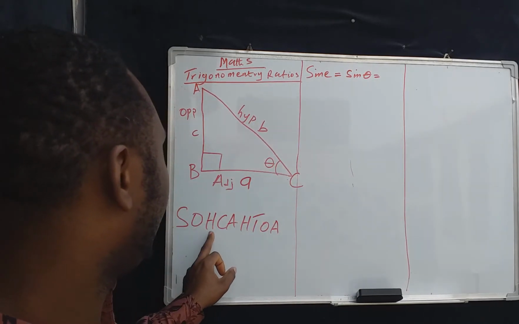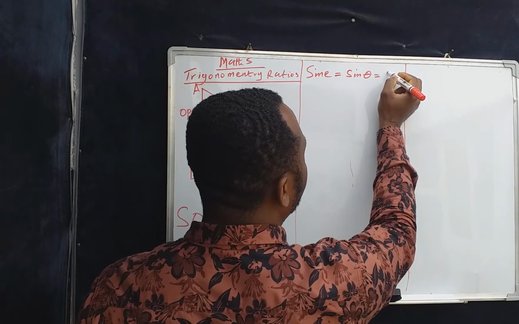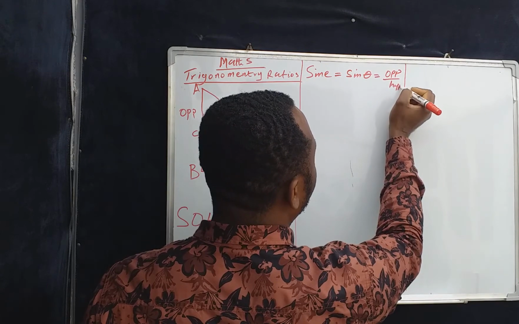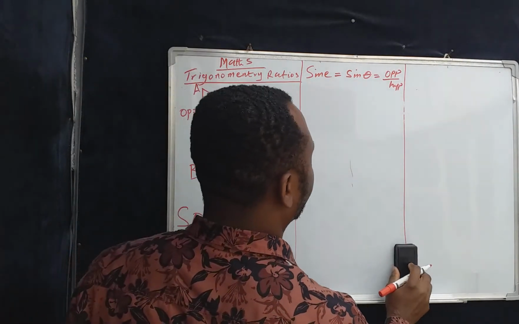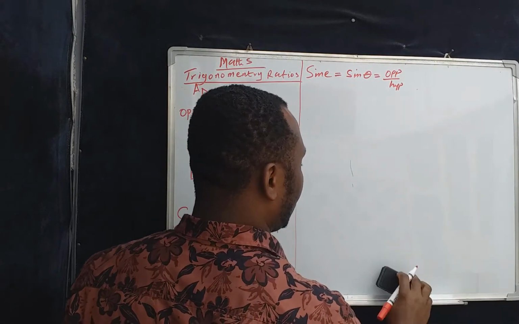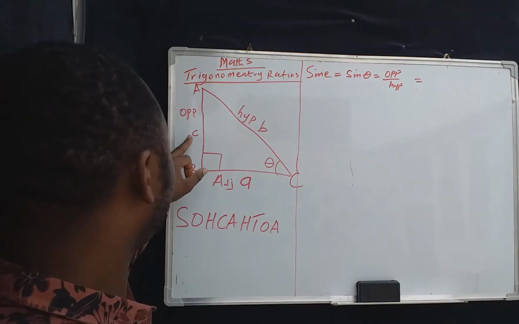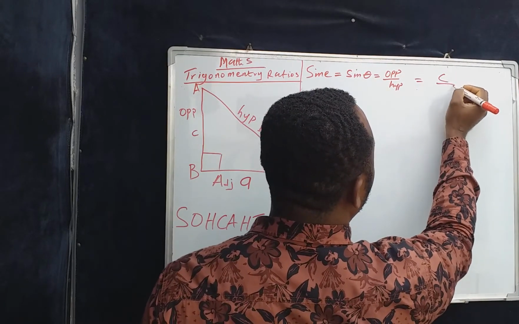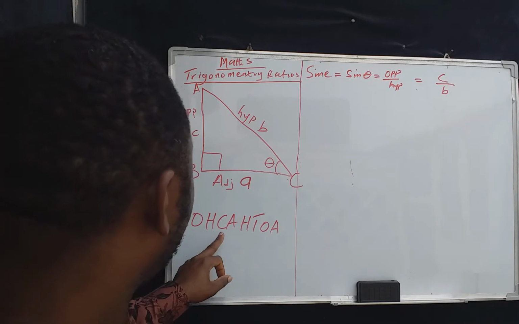Do you see it? Opposite over hypotenuse, which is equal to C over B. Now, what is cos theta?